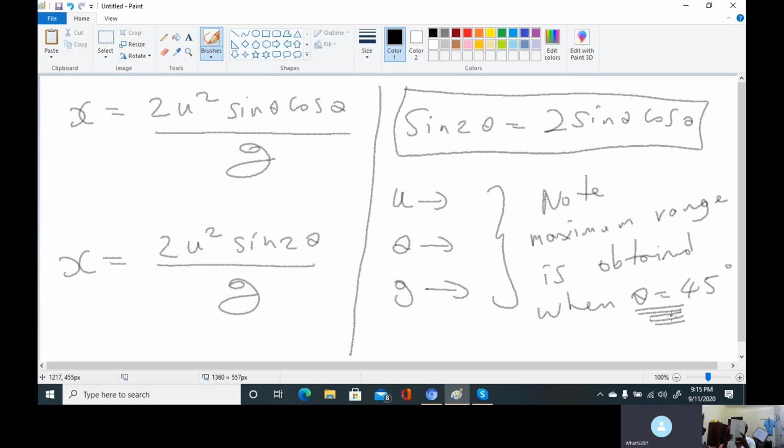They want you to show that the horizontal component of the launch velocity is that, and then calculate the magnitude of the launch velocity.